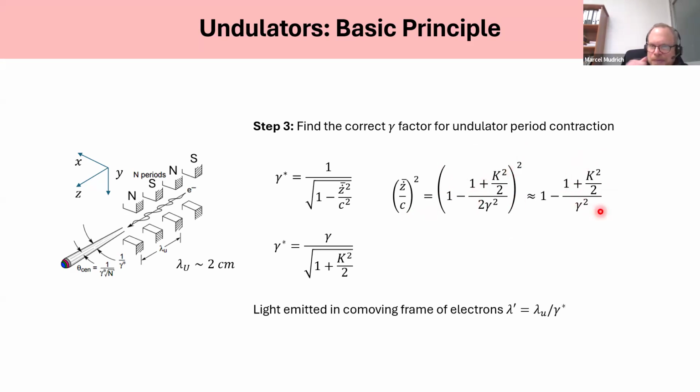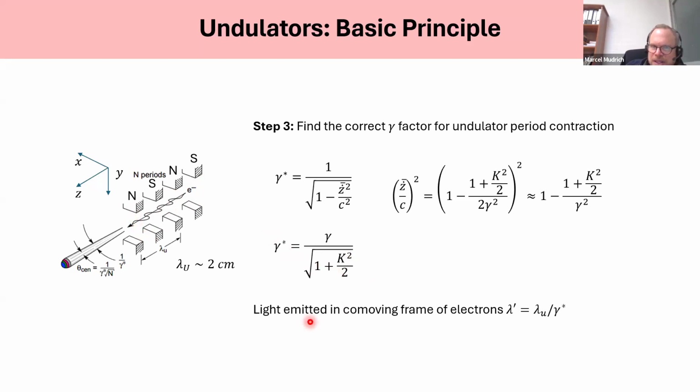We get this expression. That gives us the proper relativistic gamma parameter that now includes the undulator parameter, which basically takes into account that the electrons do not fly just along a straight trajectory, but actually perform this undulatory motion.